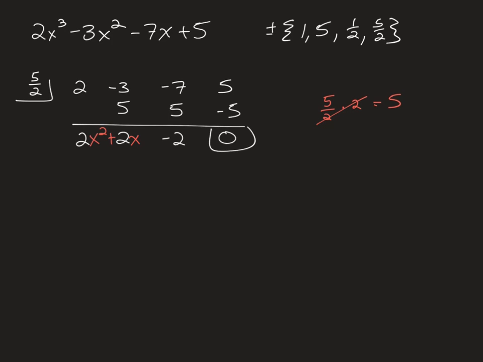That's why this 5 is here. -3 plus 5 is 2. So the same thing happens when you multiply 5/2 times 2. You get another 5. -7 plus 5 is -2. Luckily, when you change this over here to a -2, it just changes to a -5, and you end up with a 0. So we have this particular function left over.